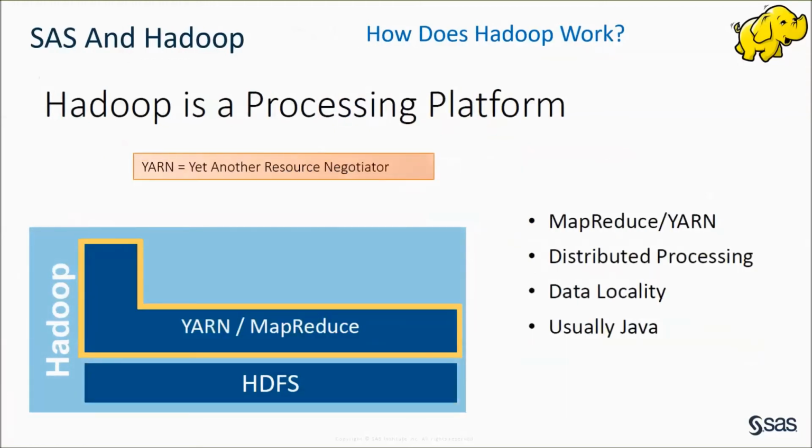Then we layer on some additional support resources in the environment, YARN being one of those, which is Yet Another Resource Negotiator. If you're familiar with Grid for SAS, that is a way of distributing or parallelizing your SAS code. So TK Grid helps manage those resources in those servers that you have mapped together. In a Hadoop cluster, YARN is the open source version of that that helps manage the resources in the Hadoop cluster.